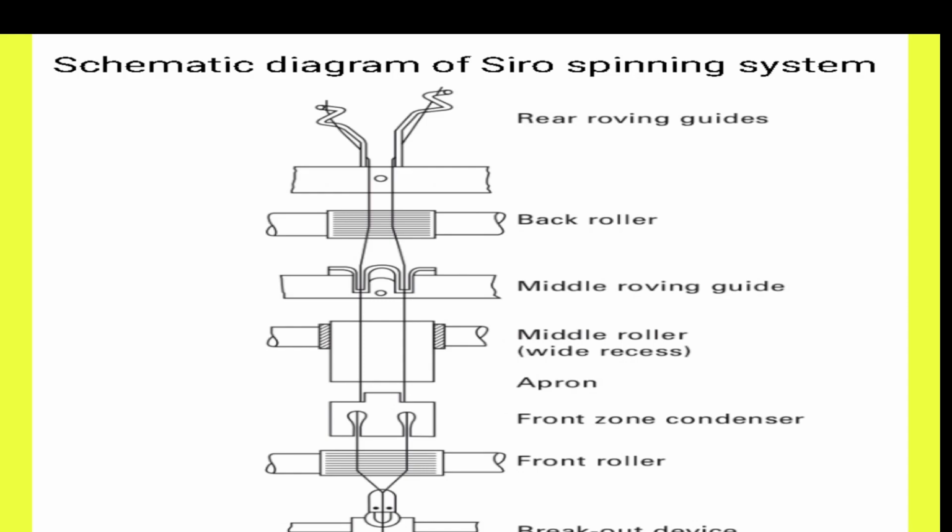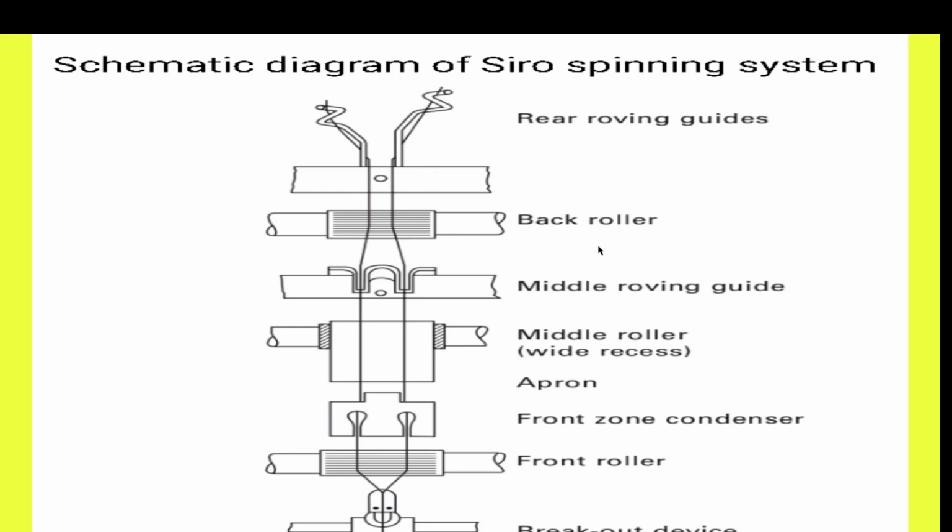There should be two roving guides as well. You can see here these are roving packages, and these are rovings, and these are roving guides. So two rovings are used, and two roving guides are used to prevent the mix-up of two rovings.